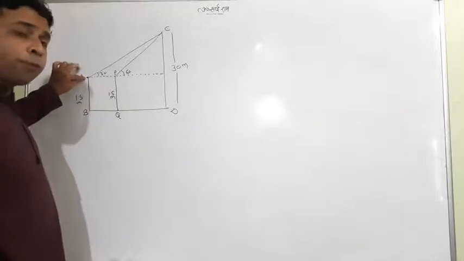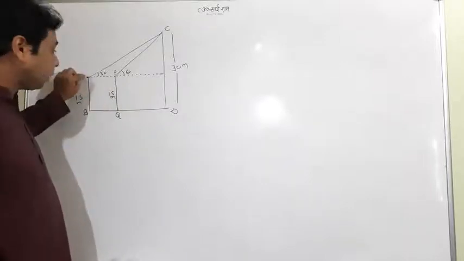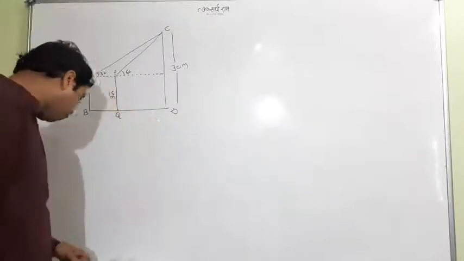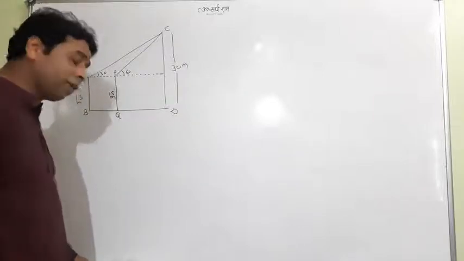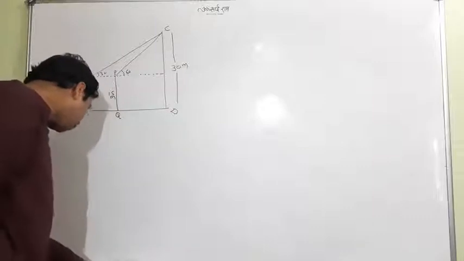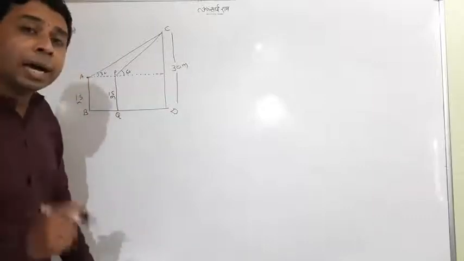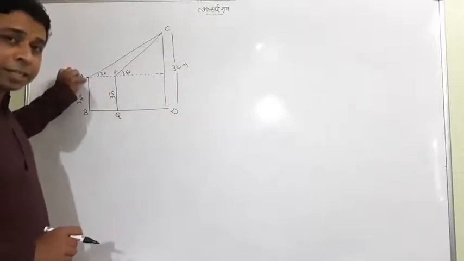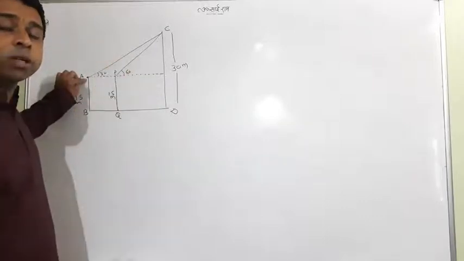The question says the angle of elevation from his eyes. From his eyes, meaning the eyes are here. The observer's eyes are definitely at the top.